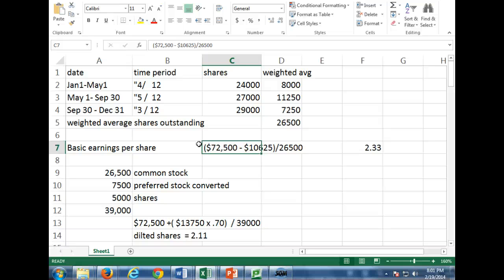The reason we're adding back that 13,750 is if we show it diluted, then we're showing those bonds are really stock. We're not paying the interest. That's where we're adding it back. And then we're only taking 70% of it because there would be taxes on that money. Okay? Do you guys get that?